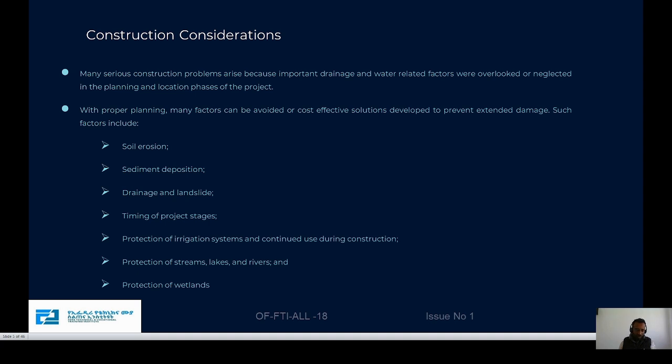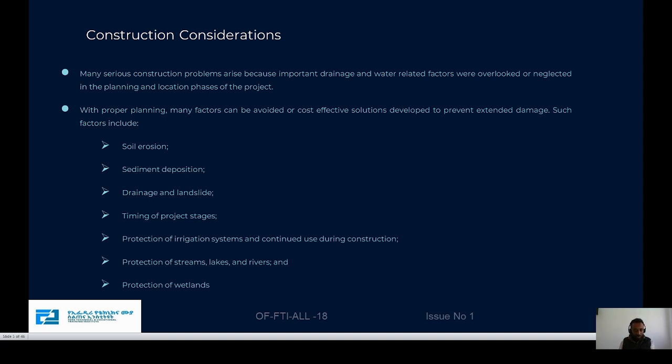Such factors include soil erosion, sedimentation, and drainage, and landsliding is also very important when we construct in hill areas. Landsliding mostly occurs during the project stages.